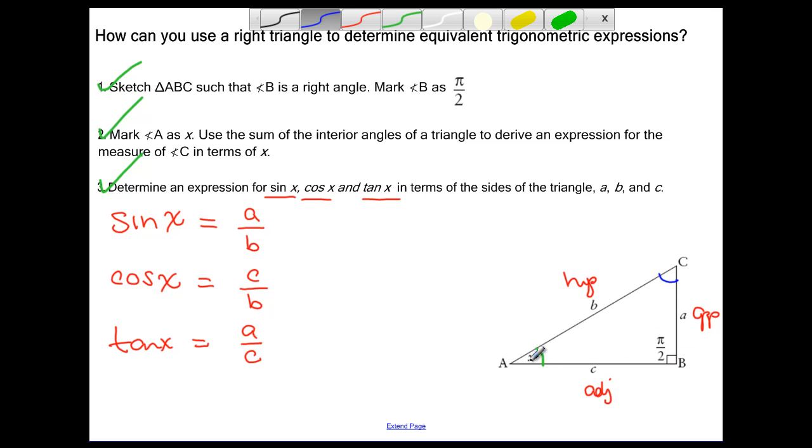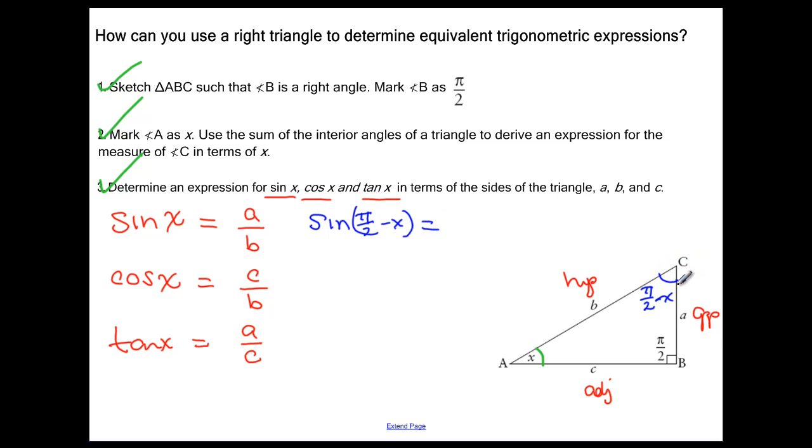So I have this angle X, and I have this angle C. Because we've used up 90, we only have 90 left. If this is X, then this should be pi over 2, which is 90 degrees, subtract X. And so we are going to represent sine of pi over 2 minus X as a trig ratio.